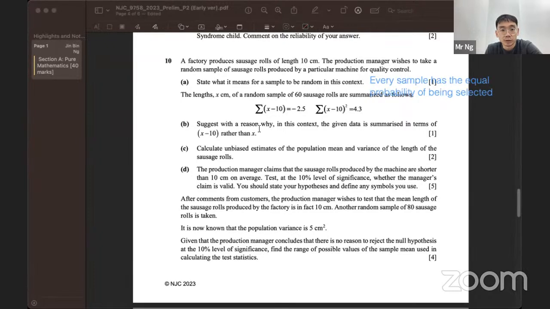Okay, so likewise for this one. Instead of just measuring the sausage length, now they minus 10. So that means this set of data is collected from a different kind of scenario.